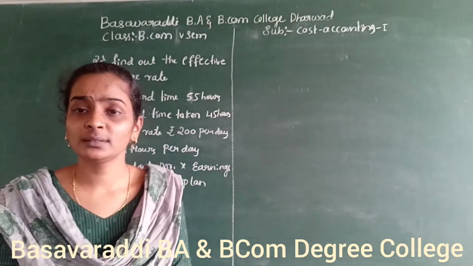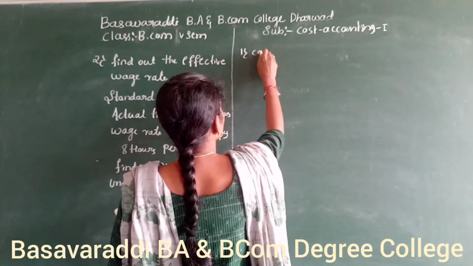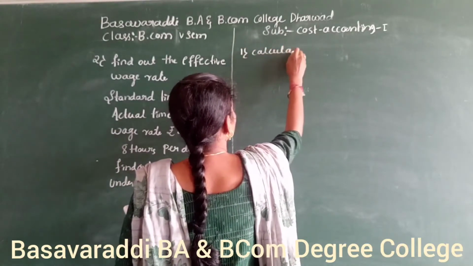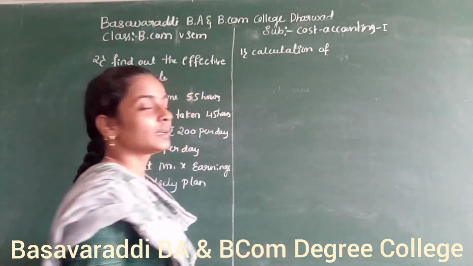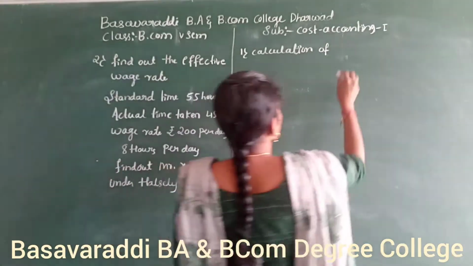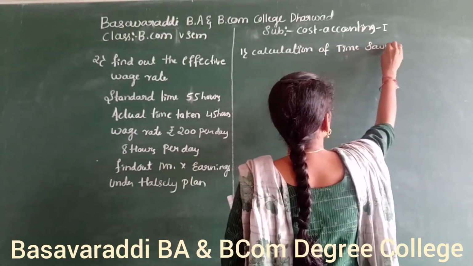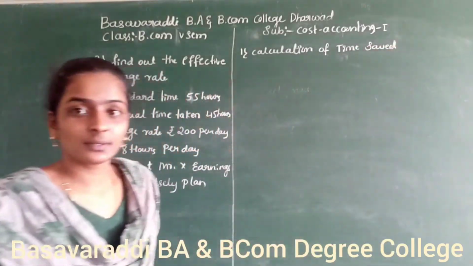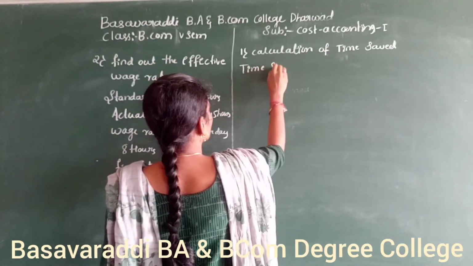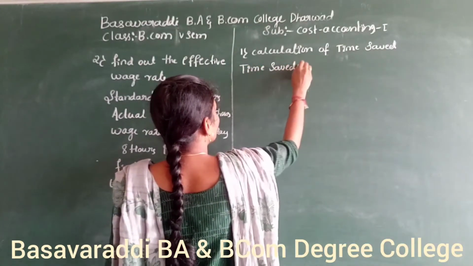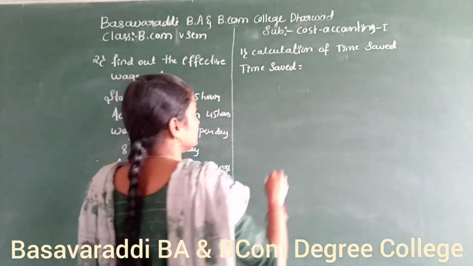First we have to calculate the time saved. Working note number 1: calculation of time saved. Time saved is equal to standard time minus time taken.